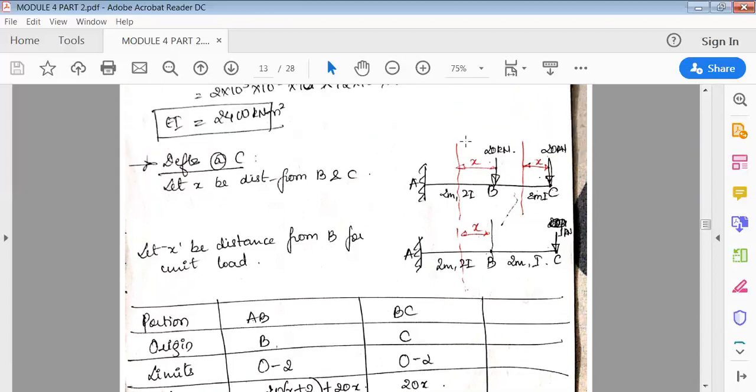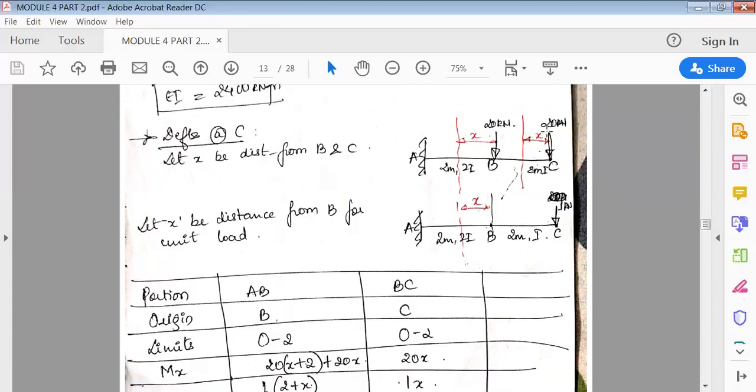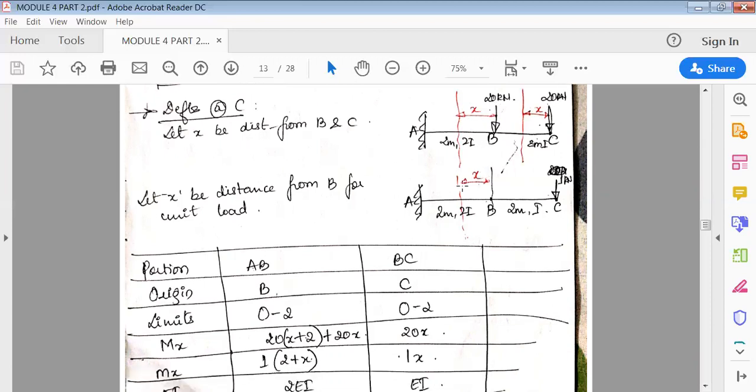That means in this span, AB span, it is first 20. You have to reach to this span, so it is X plus 2. So 20 into X plus 2. Next, this is plus 20 into X, just 20 into X.